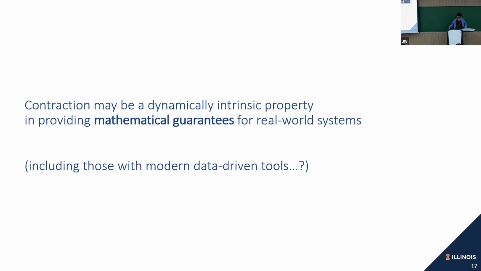So this is clearly a bold statement, but contraction might be a dynamically intrinsic concept in analyzing the convergence of that system and in providing mathematical guarantees for these systems, including those with data-driven tools, which will be the topic later.